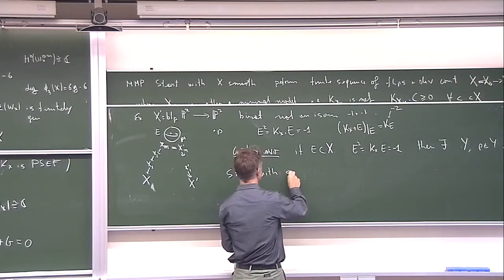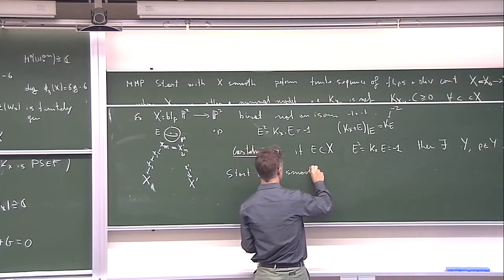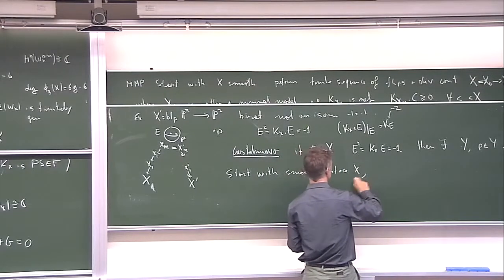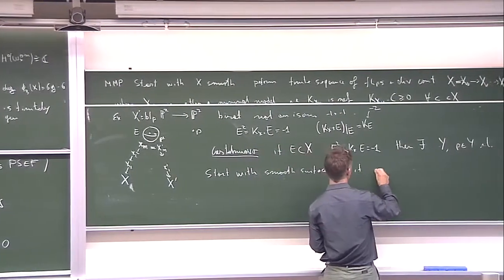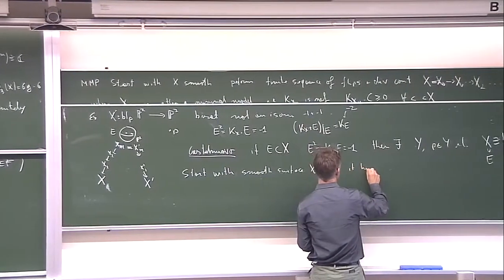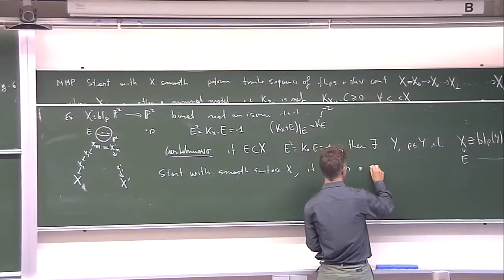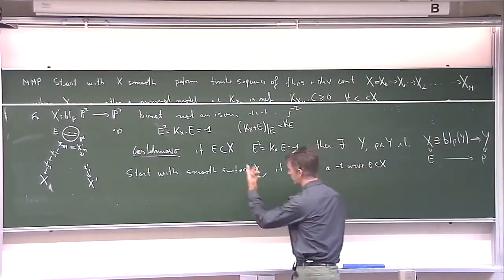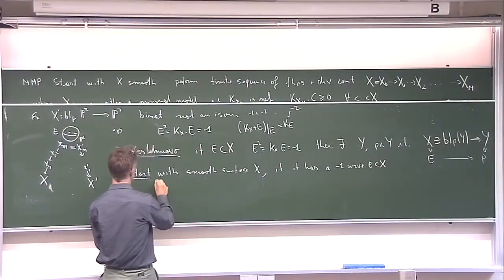So what we do is we start with a smooth surface X. If it contains a -1 curve, then we apply Castelnuovo's criterion.